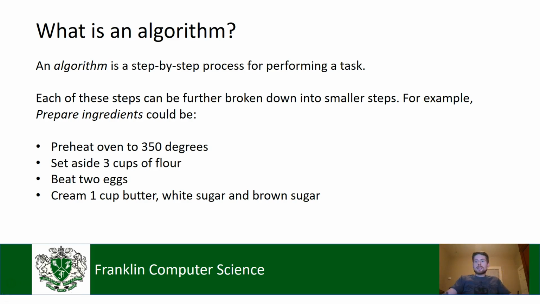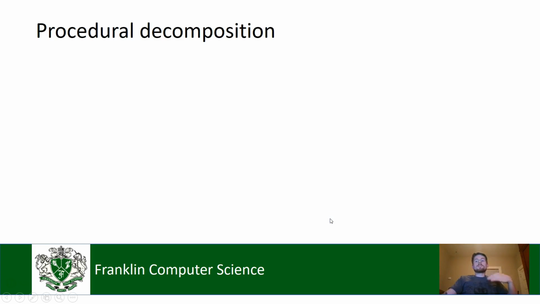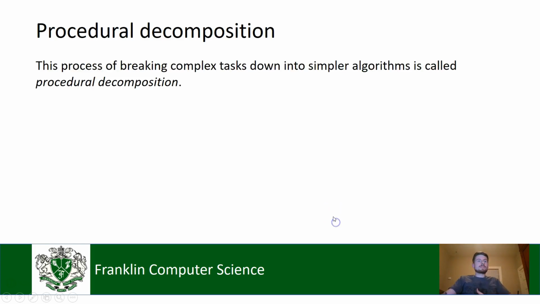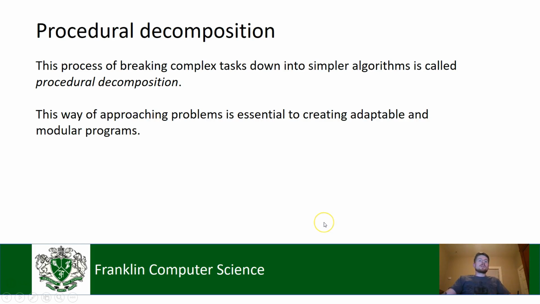And so I'm just decomposing this one big task, one complex task, down into smaller and smaller chunks. Okay, and where you need to stop is kind of left a little bit up to you as the programmer. So again, breaking a complex task down into simpler algorithms, this is called procedural decomposition.